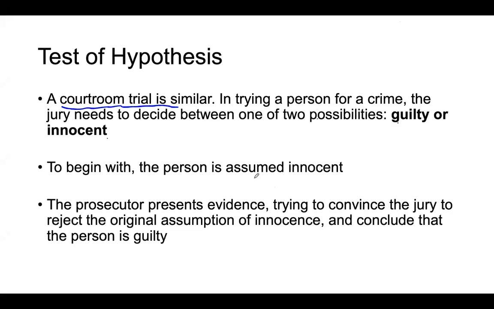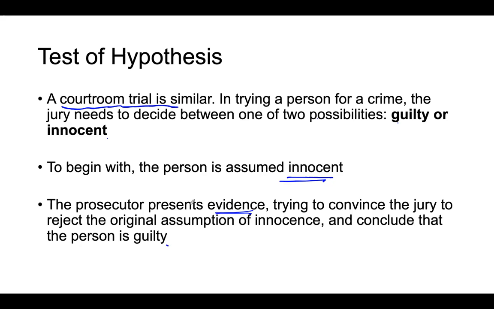We assume always that the person is innocent. Then the prosecutor presents evidence trying to convince the jury to reject the original assumption of innocence and conclude that the person is guilty.